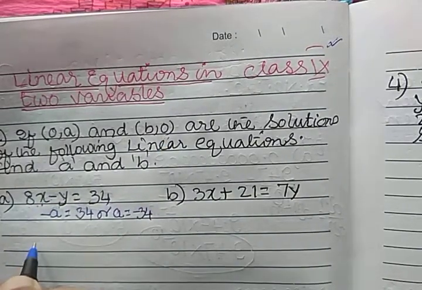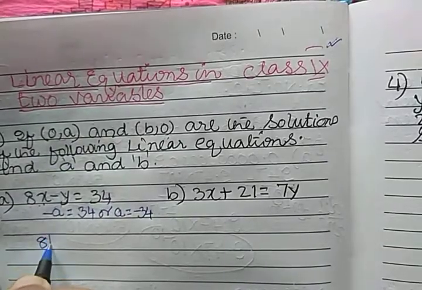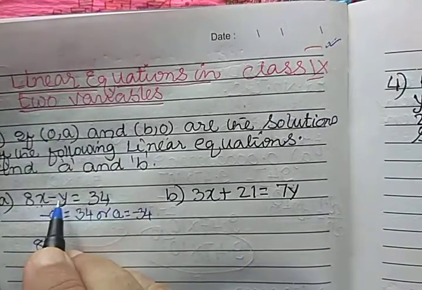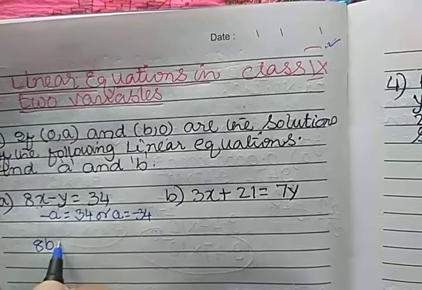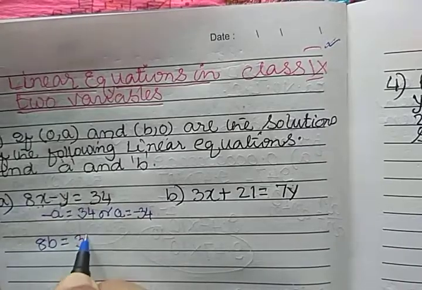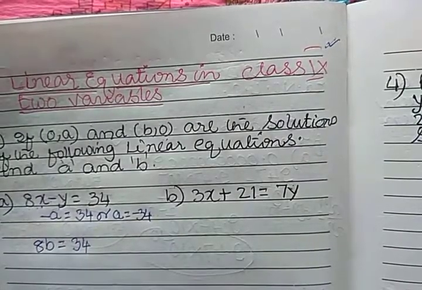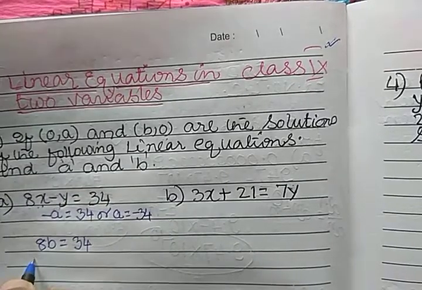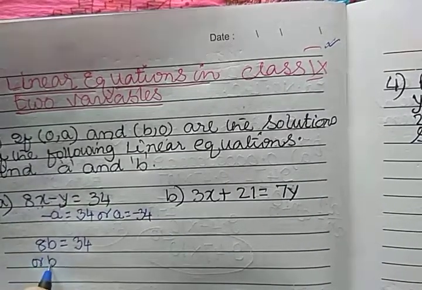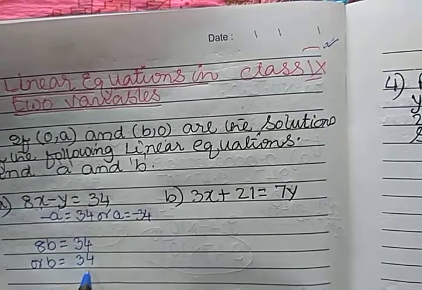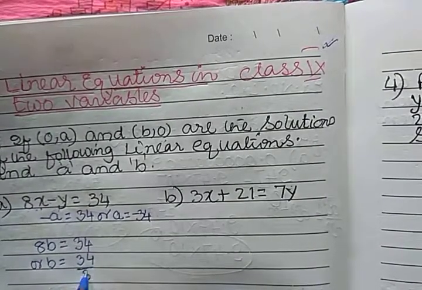Then what happens? 8b, y is 0, so minus 0, need not write, is equal to 34. 8b is equal to 34, or b is equal to 34 by 8.